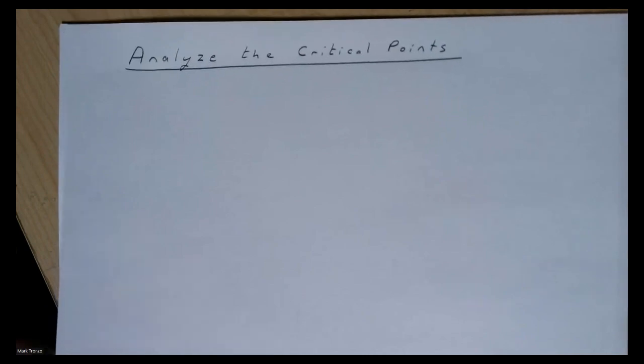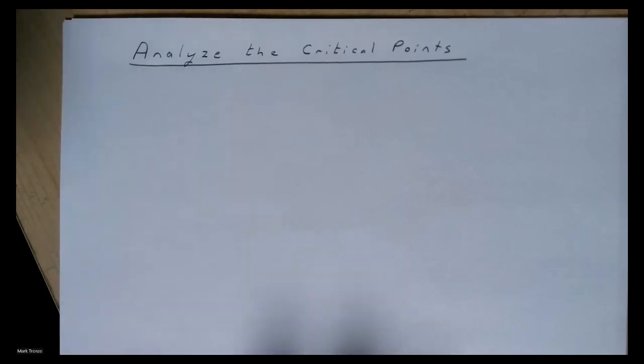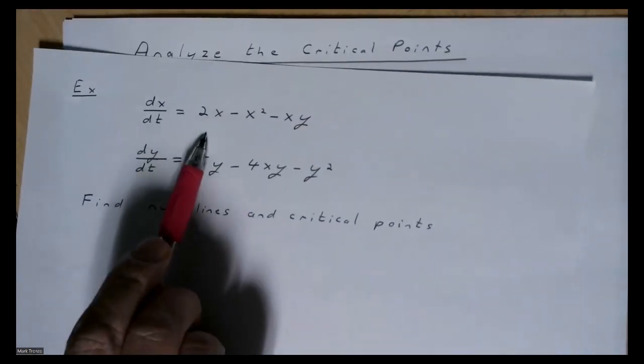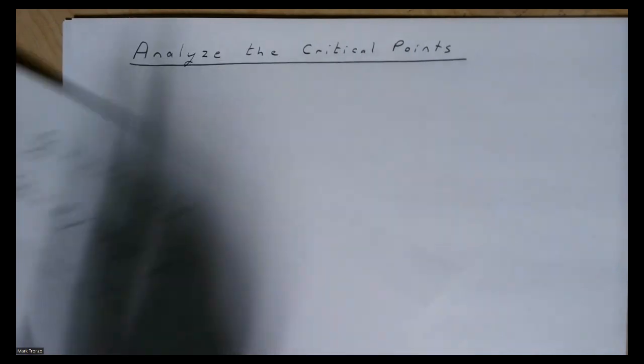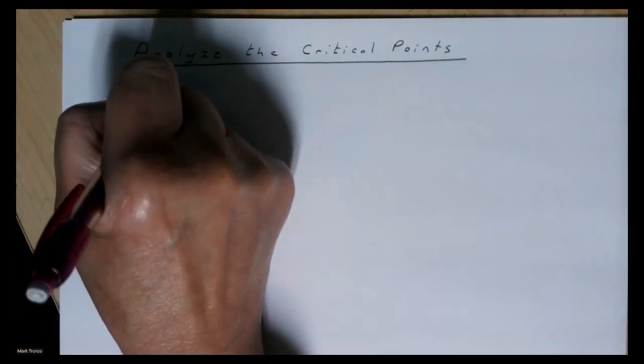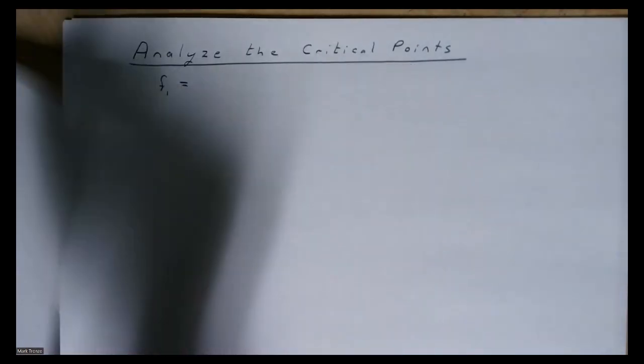Next, we're going to analyze the critical points. And first thing we want to do is find the Jacobian. So let's call this F1, our first equation.